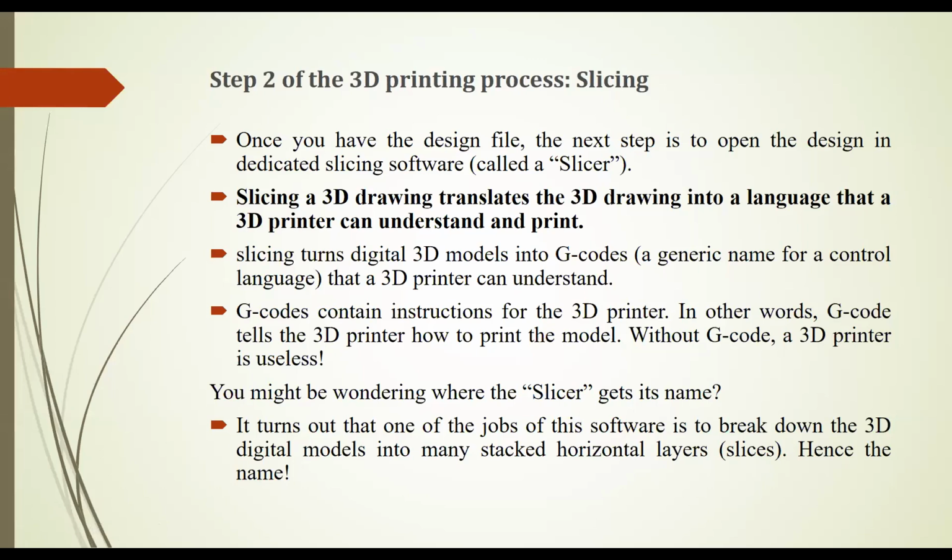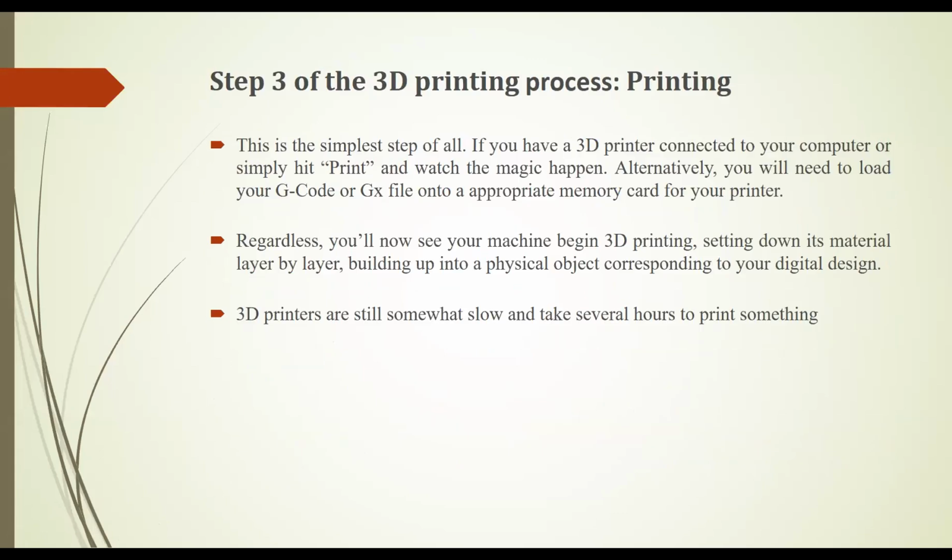G code is basically a code which a 3D printer can easily understand, right? When you design any object, this slicer converts the design into G code. G code means X, Y, and Z coordinates, like 111, 110, 221, 223. We will discuss this in depth also.